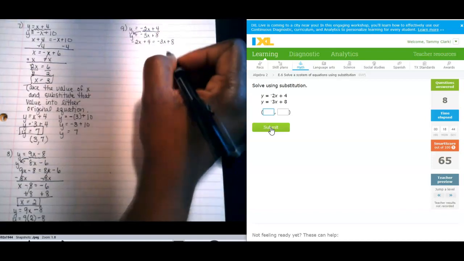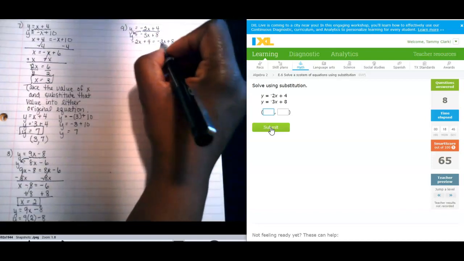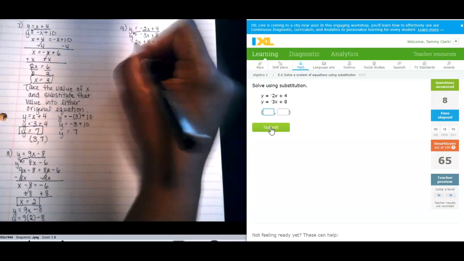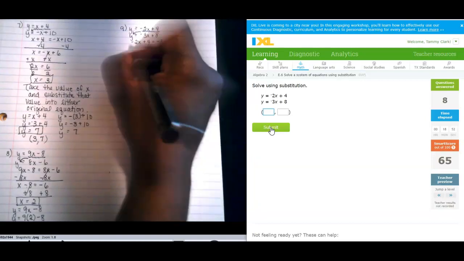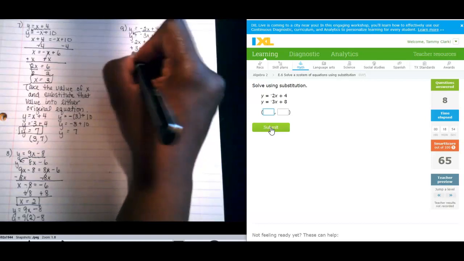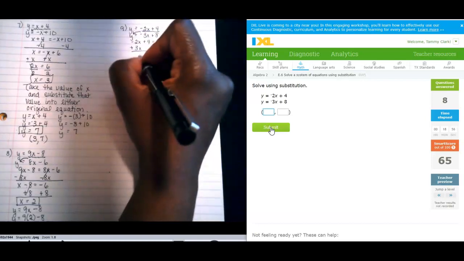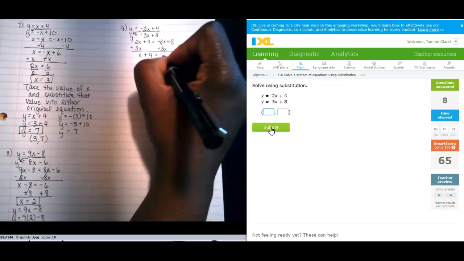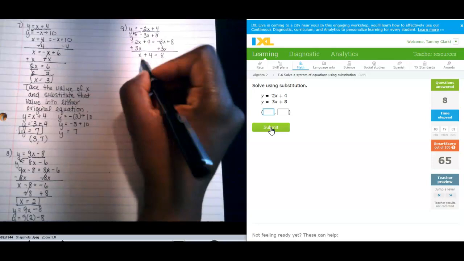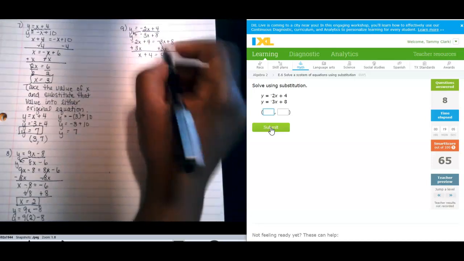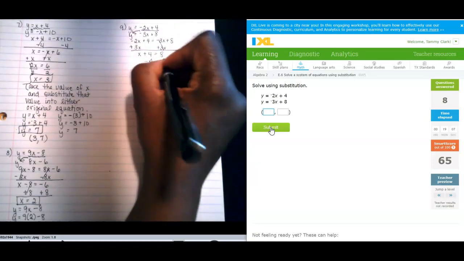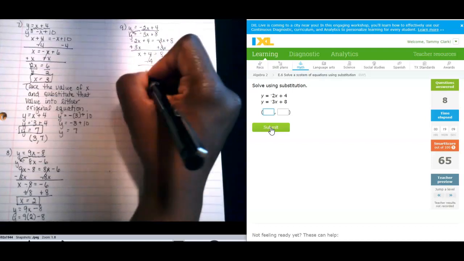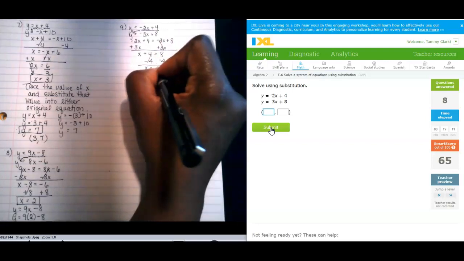I want a positive variable, so I'm going to eliminate this 3x from this side and add it to the other side. That way I end up with a positive x plus 4 equals 8. I have one algebraic term, two numeric, so I'm going to eliminate the 4 from both sides. X therefore is equal to 4.